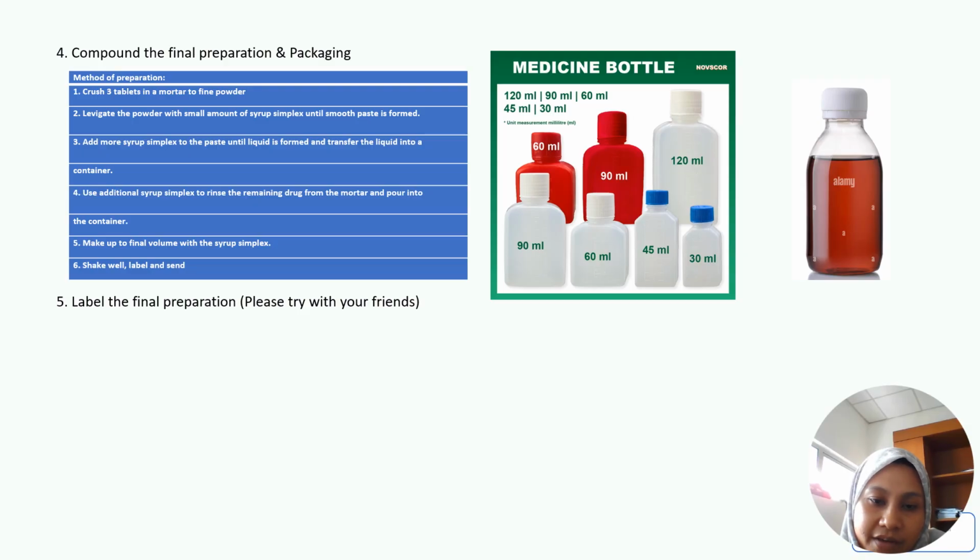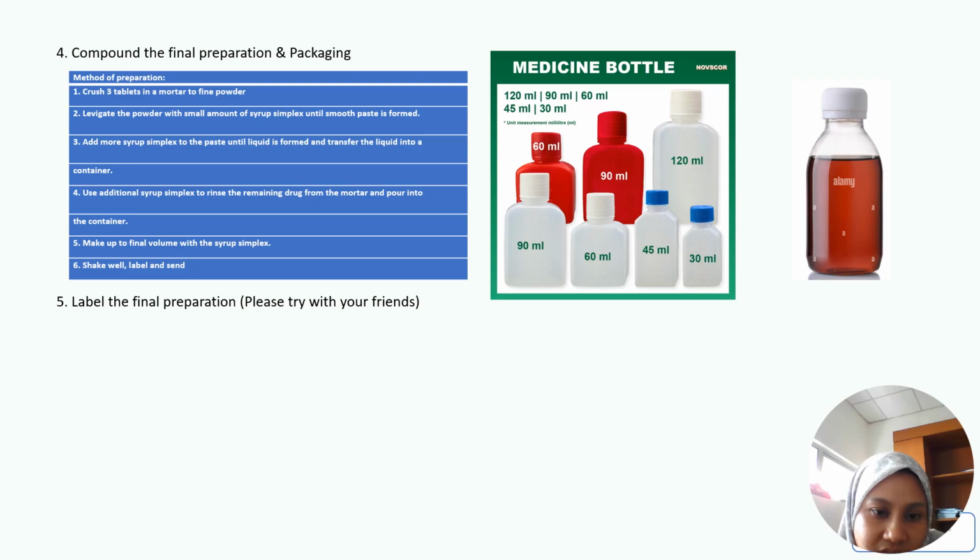Now, when we have done our calculation, we need to prepare our loratadine. These are the steps to do it. I've given you the materials to go through. Basically, you crush the tablets in a mortar into fine powder, then levigate the powder with a small amount of syrup or any kind of solvent given to you, and add more syrup to make a paste.